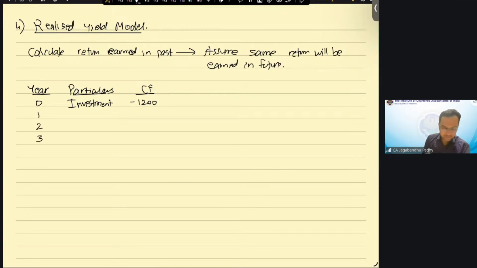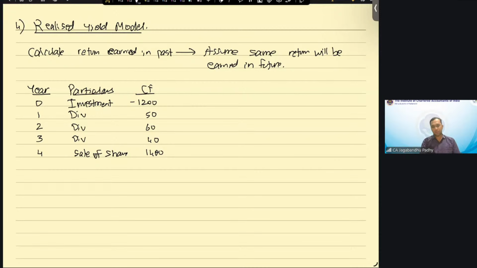Then for, let's say, 3 years, you earned dividend. You earned a dividend of 50 rupees in the first year, 60 in the second year, and 40 in the third year. And then in fourth year, you sold the share for, let's say, 1400.